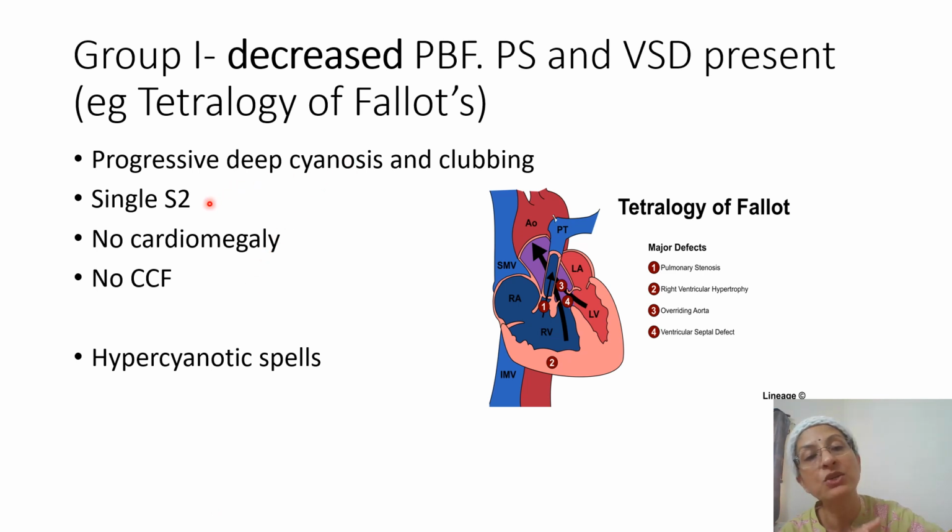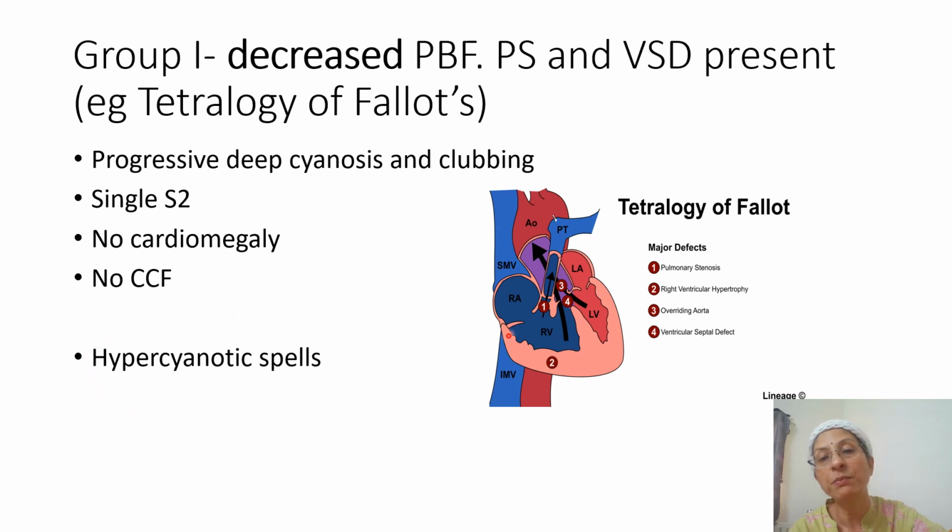Due to the pulmonary stenosis, the cusps of the pulmonary valve do not approximate each other and create a classic S2, and therefore the pulmonary component is practically missing, only the aortic component is heard, so we get the single S2. There is no cardiomegaly, no congestive cardiac failure, and what is very classic of this situation is hypercyanotic spells.